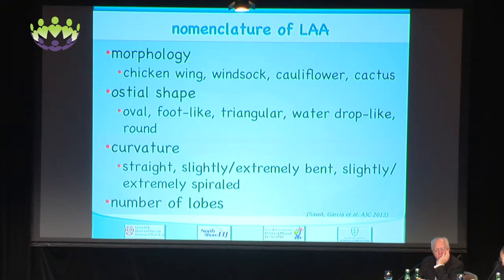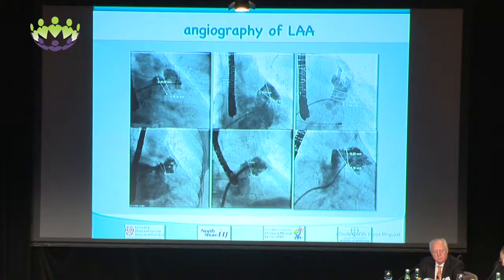We do need, and I'm not going to repeat all the beautiful presentation by Professor Ho on the different morphology, ostial shapes of the left atrial appendage. Not only that, but the curvature and the number of lobes. But how do we interpret that? We use this classification that we saw so many times as chicken wing, windsock, and I'll show you.